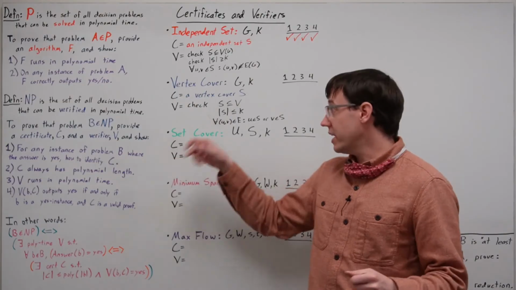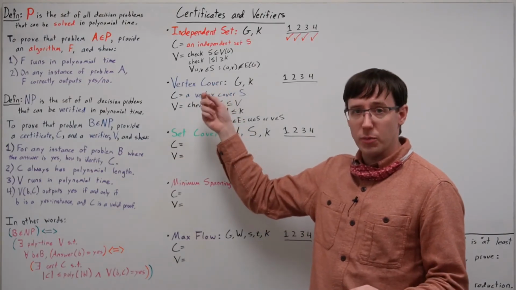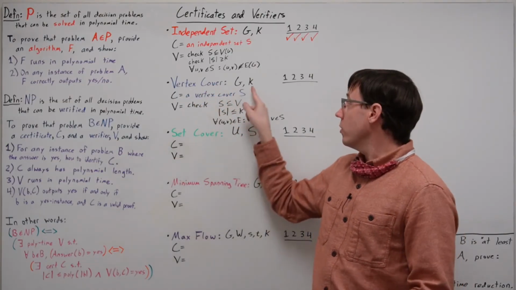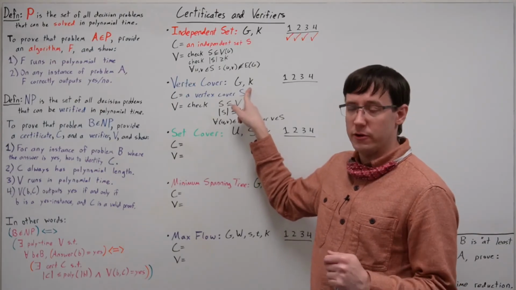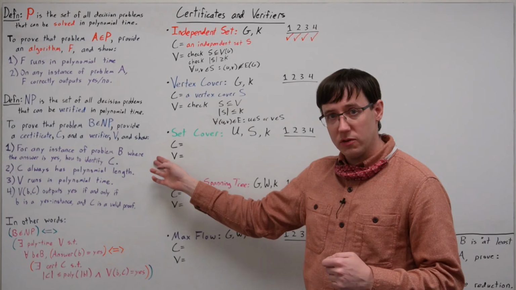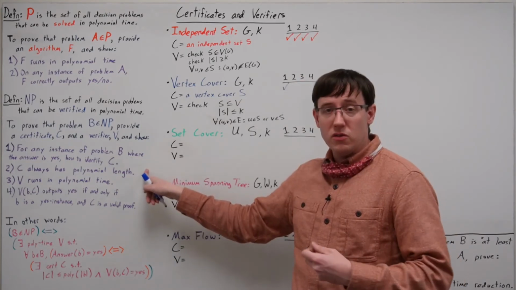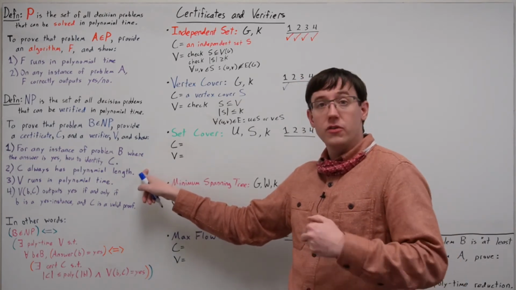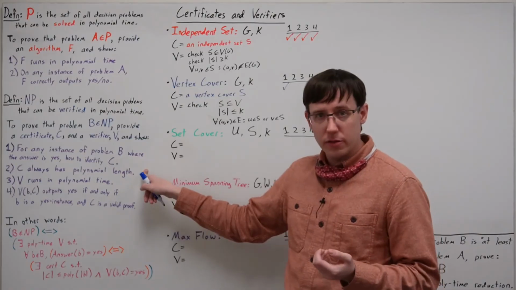So if we have a yes instance of the vertex cover problem, then that is a graph where there exists a size k vertex cover, and so a certificate would exist. Our certificate is a subset of the vertices, so it has polynomial length.